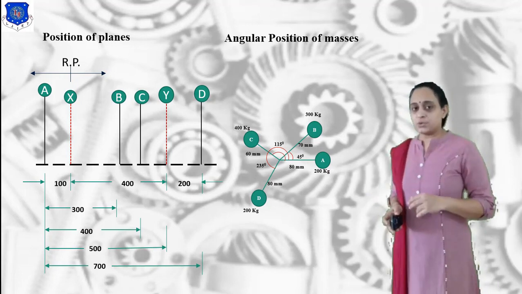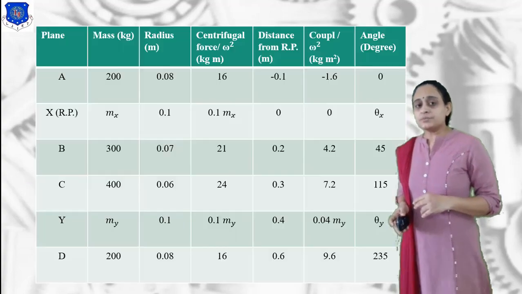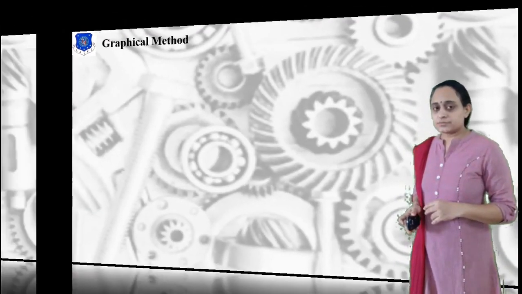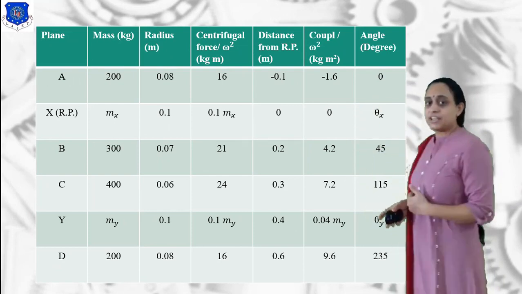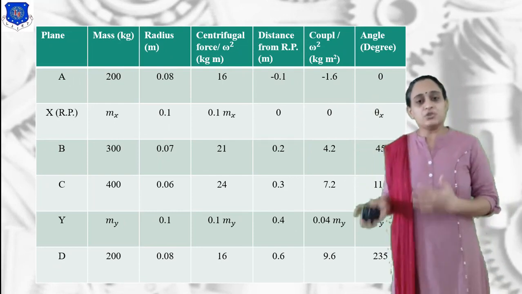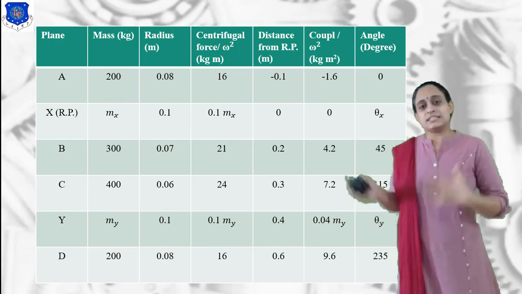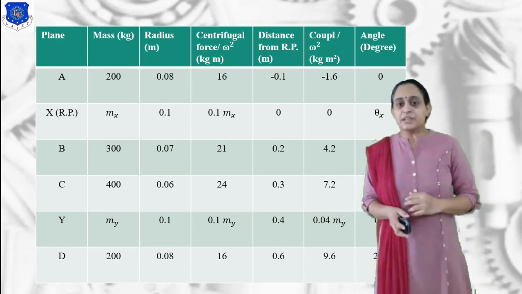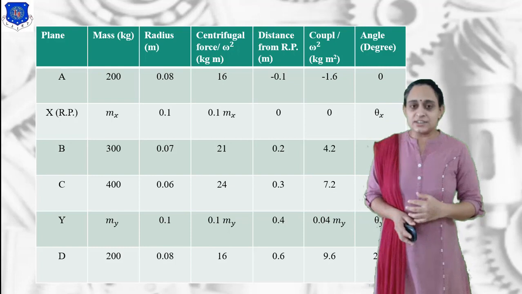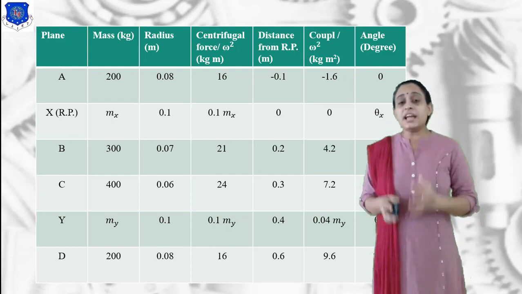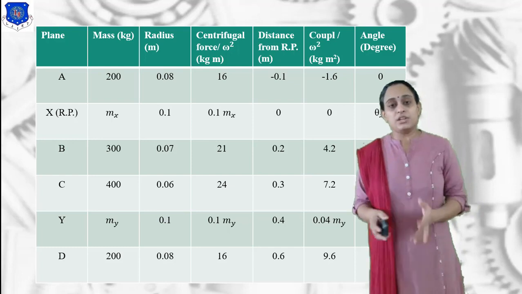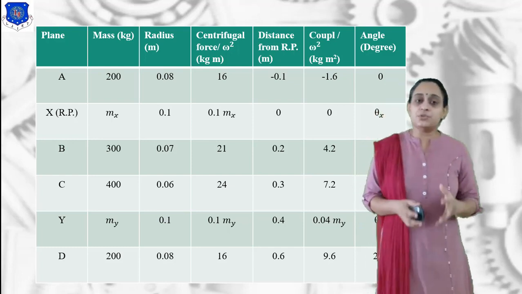We have to calculate the distances from this reference plane. So here we have to draw the table, and as you see in our table there are the angles. We have to put all these angles in our table. Clear? Now let us start our diagram. For our diagram we have to consider what is couple and what is centrifugal force.